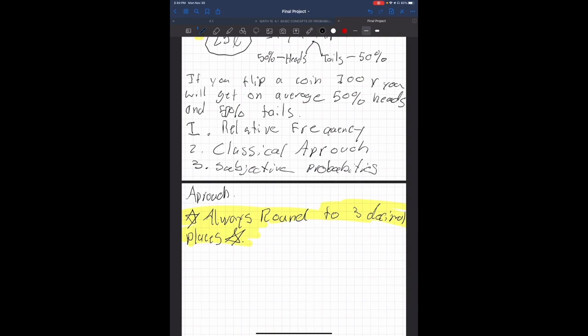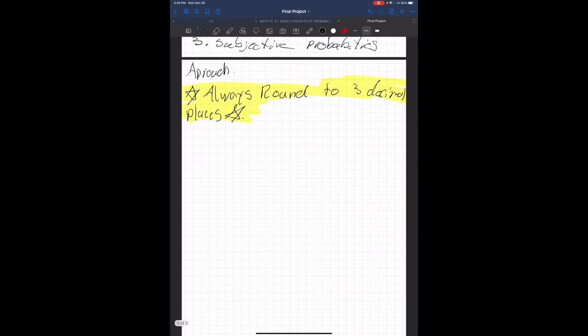Now, there's something called the law of large numbers, which states that as the procedure is repeated again and again, the relative frequency probability of an event tends to approach the actual probability.